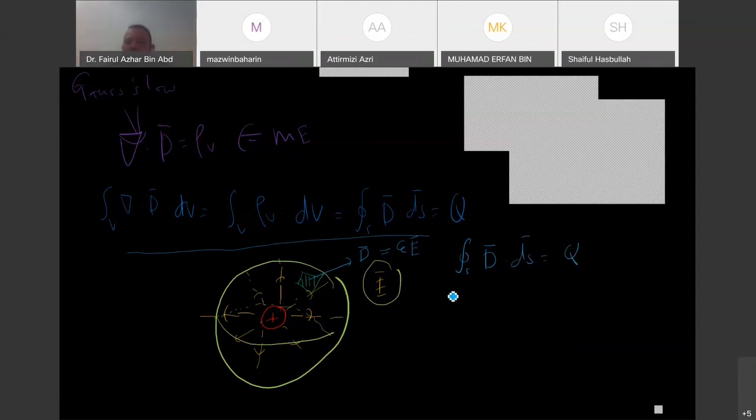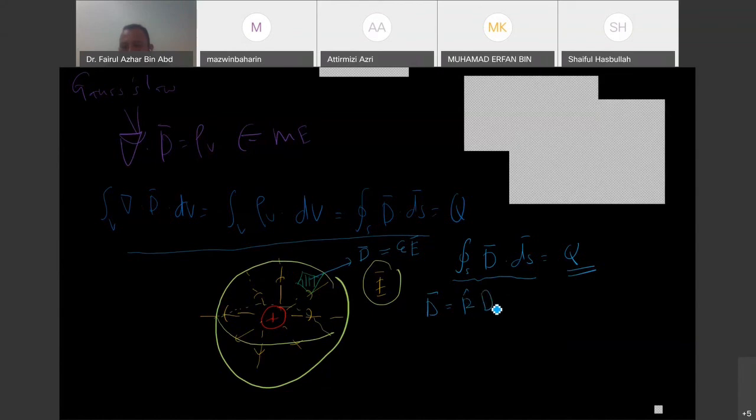In some cases, the value of Q can be directly given. Let's say the charge exists in a particular charge, so we have the value of Q in terms of its absolute value. Then, because the shape of our field is spherical, we have our vector D equal to D_r r cap.